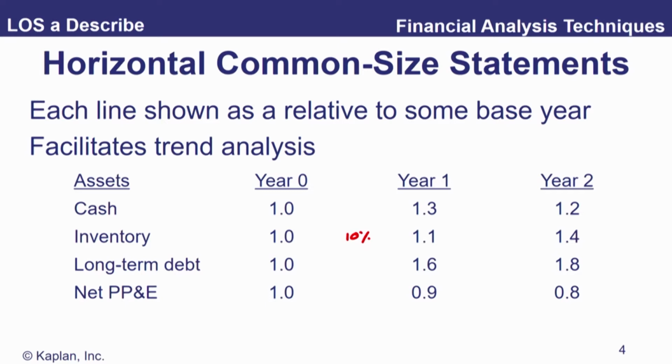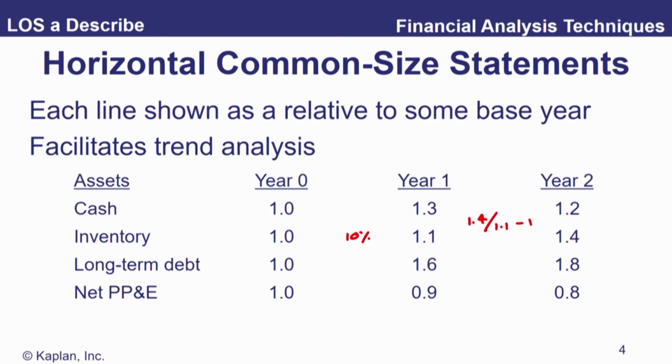If we look at year 1 and year 2, you can see it goes from 1.1 to 1.4. How do we interpret that 1.4? Well, we're saying inventory in year 2 is 40% greater than it was in year 0. If we want to look at the change between year 1 and year 2, of course, what we would need to do is look at 1.4 divided by 1.1, minus 1.